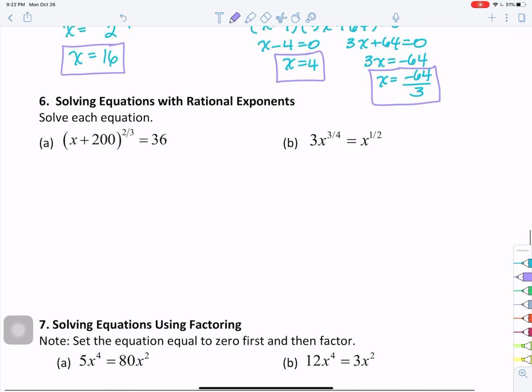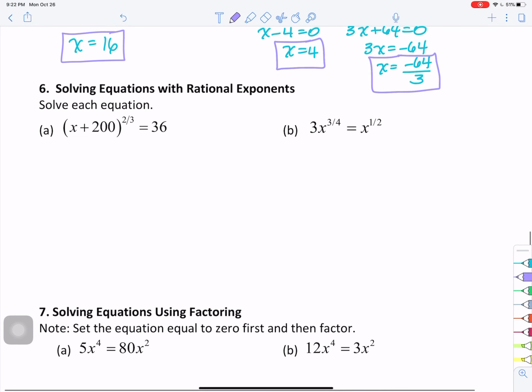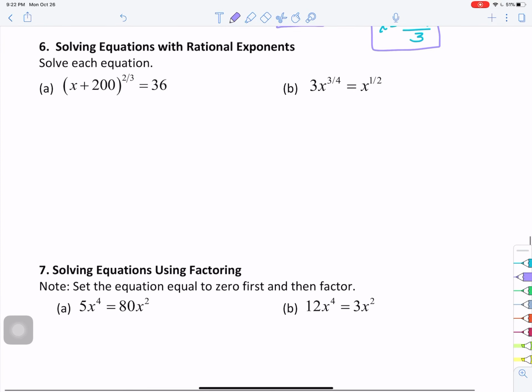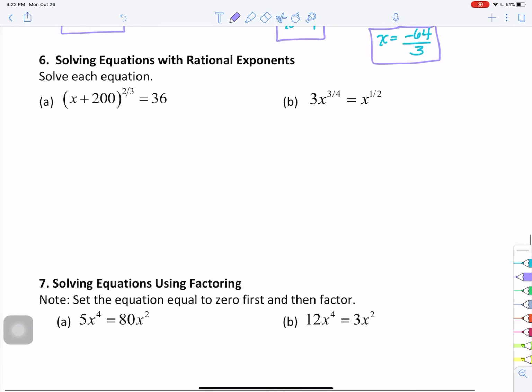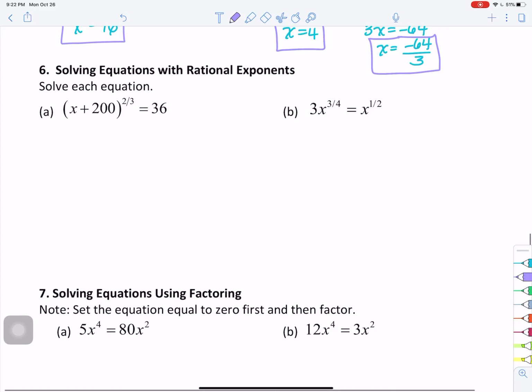Okay, we have 2 more problems with this, and then we will talk about solving equations with factoring. Okay, so take a look here. (x + 200) to the 2/3 power equals 36.